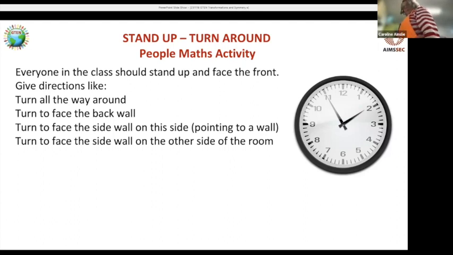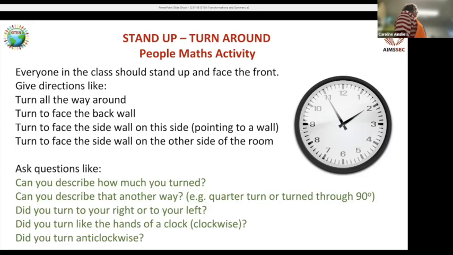Will you turn back to the front? Now, will you turn to face the side wall on the other side of the room? Now, thank you, Caroline. You can make up your own directions like that.